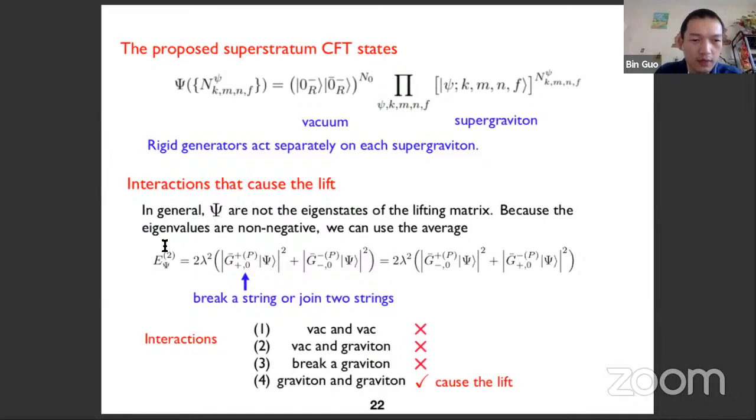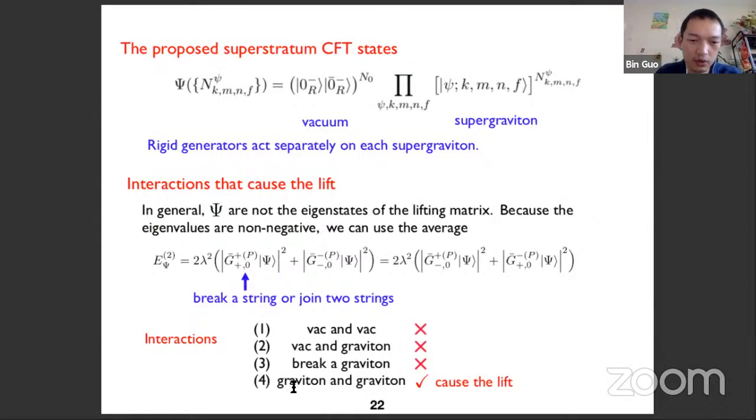In the formula of the lifting matrix, we can see the G+ can break a strand or join 2 strands. So the G+ can join 2 vacuum, so we can have an interaction between vacuum and vacuum, interaction between vacuum and a supergraviton, interaction to break a supergraviton, or interaction between 2 supergravitons. We find only the last interaction causes the lift.